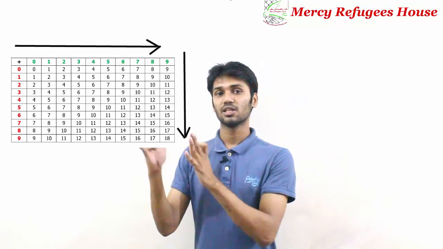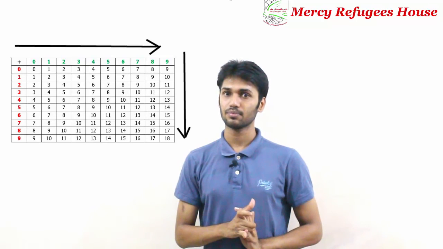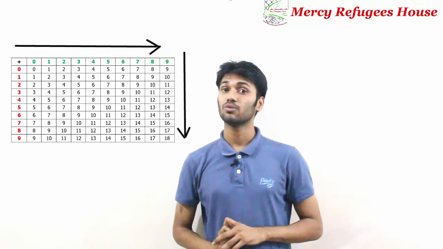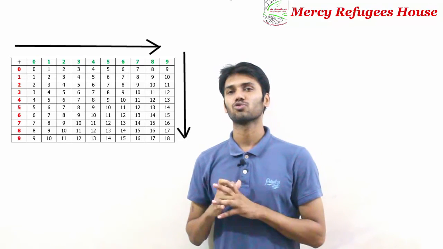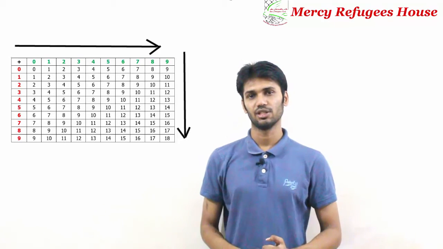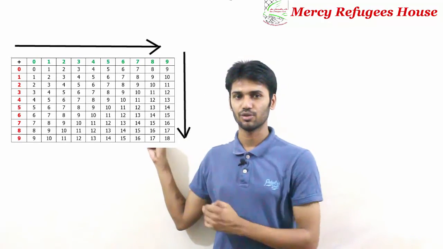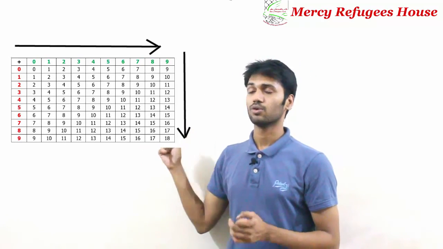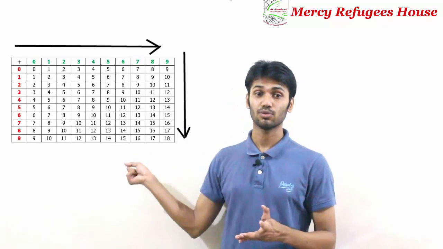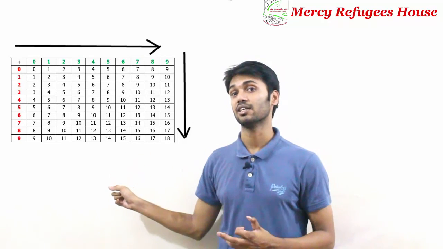Now go to the third column. What can you see? You can see 0 plus 1 equals 1, 1 plus 1 equals 2, 1 plus 2 equals 3, 1 plus 3 equals 4, 1 plus 4 equals 5, 1 plus 5 equals 6, 1 plus 6 equals 7, and so on. So it came to the end at 9.